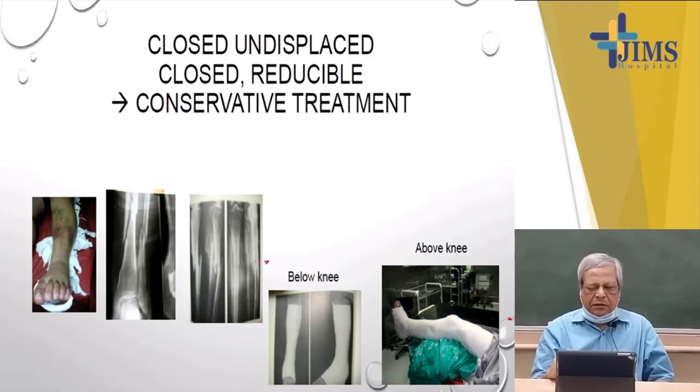The muscle movements cause the displacements of the fractures. Of course, it has to be checked again and again at weekly intervals whether this position is retained or not. If this position is retained, going well, then the plaster is continued. Patients may ambulate with the help of a pair of crutches.